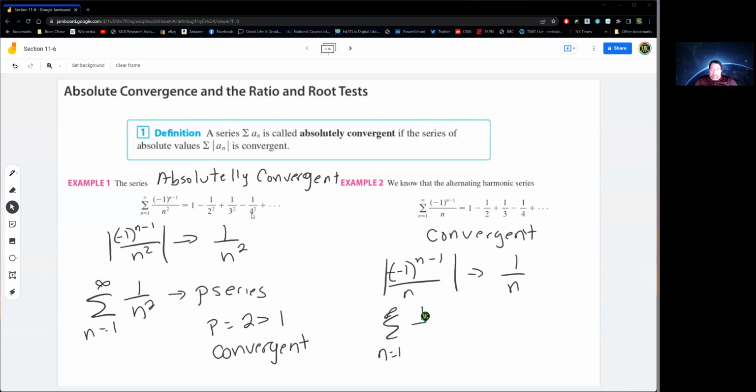And 1 over n is again a p series where p equals 1, which is not greater than 1, so it's divergent. So while the alternating harmonic series is convergent, the harmonic series is not, it's divergent. So this one is not absolutely convergent.